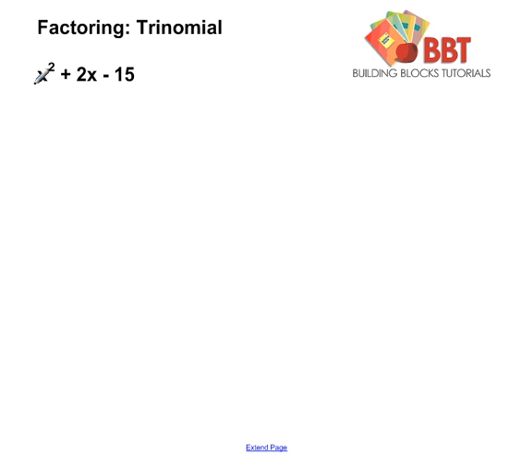Okay? So whenever you see a question like this, you're right away going to go to a sum product. Okay, so sum product. So what is this going to be? You have to ask yourself, what two numbers, when multiplied, and that's the product part, so which numbers am I talking about? I'm talking about the number that's in front of the x squared, which in this case is a 1.